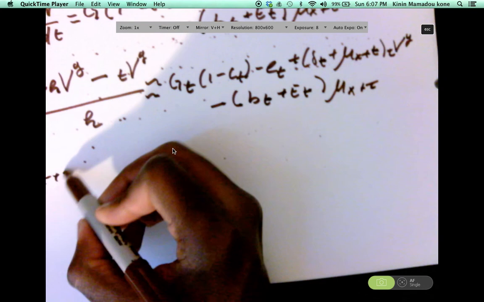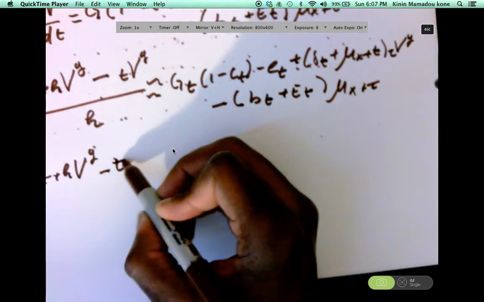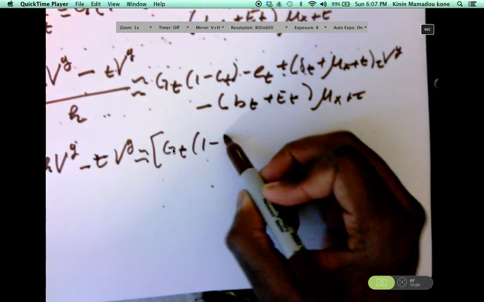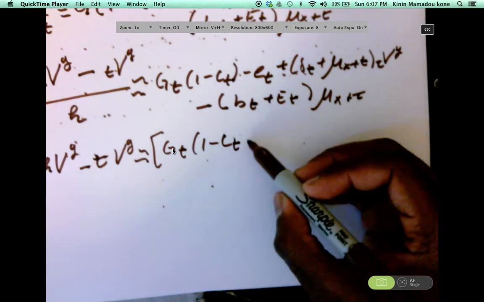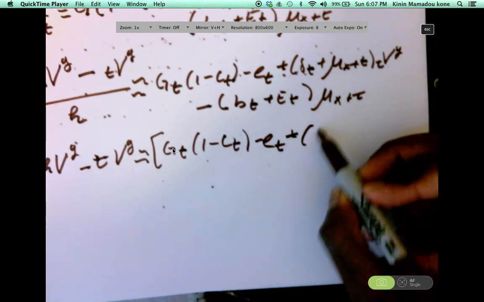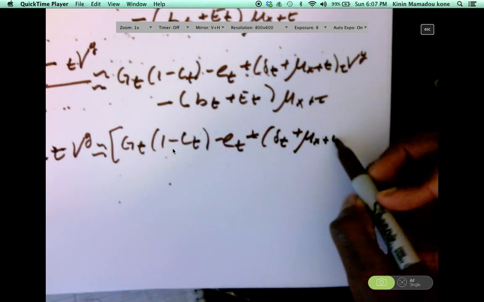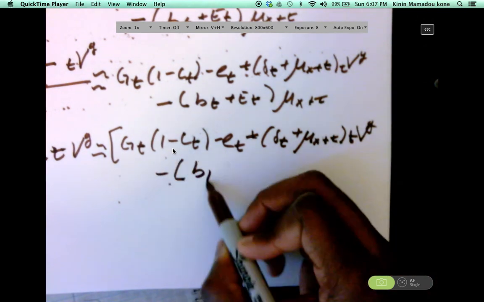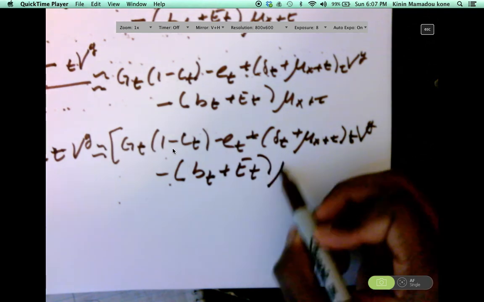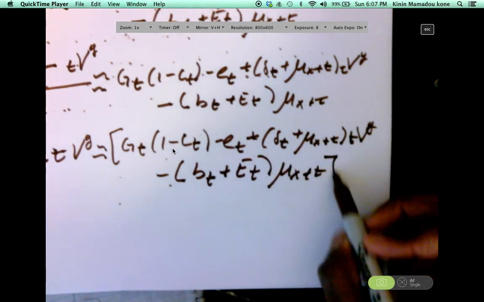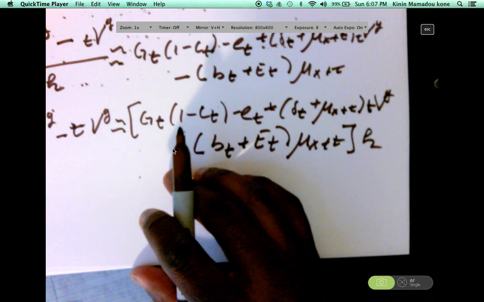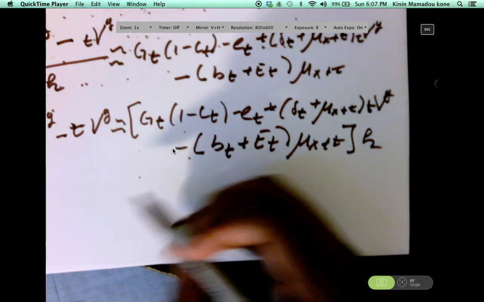So all you have to do is this: the reserve at t plus h minus the reserve at t will be almost similar to G times 1 minus c_t minus e_t, minus interest plus mortality times the reserve, minus death benefit plus settlement expenses times the mortality, times h. h is a small time, so this holds for small h.